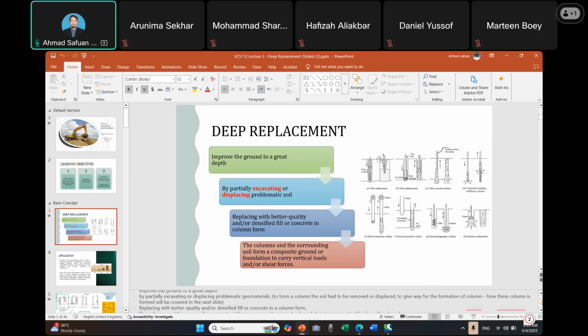or we densify the fill or concrete in the column form. There are several techniques available. For example, we replace during the installation using vibro replacement methods.